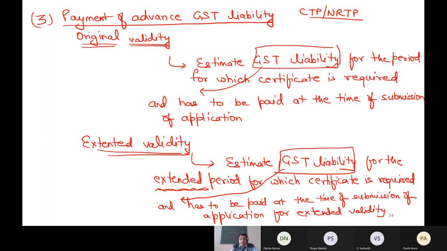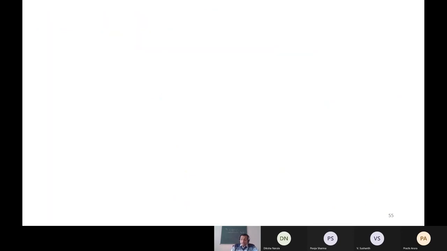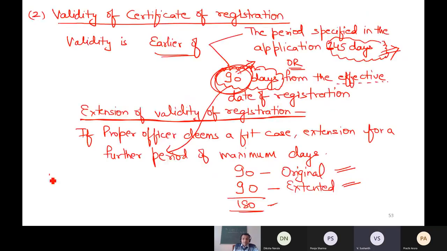And now another point is that you have to submit this application before expiry of the original certificate. Note.